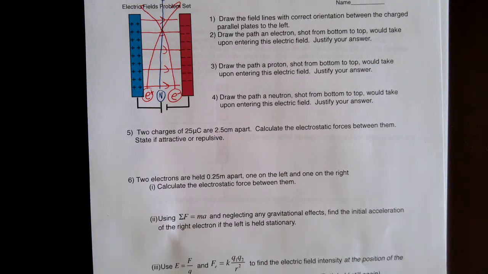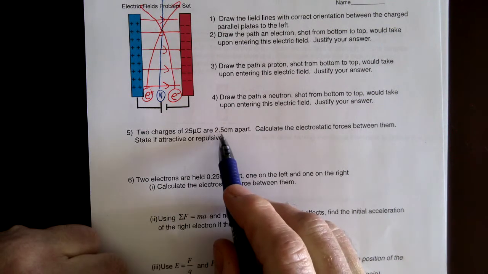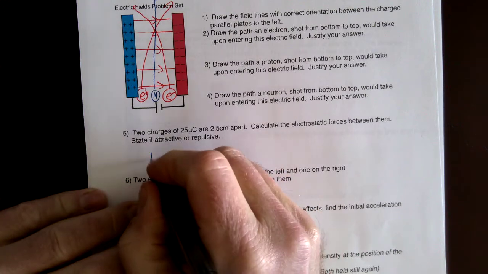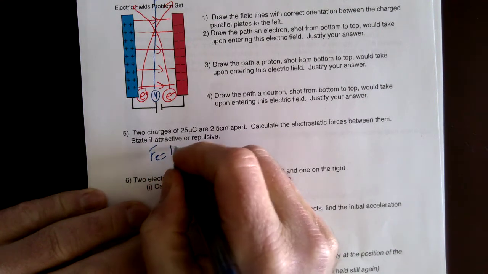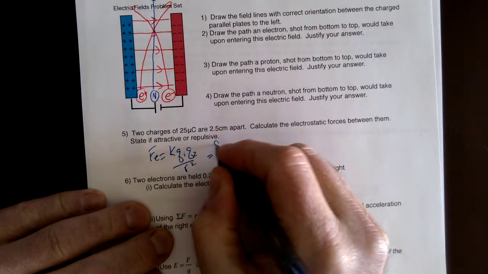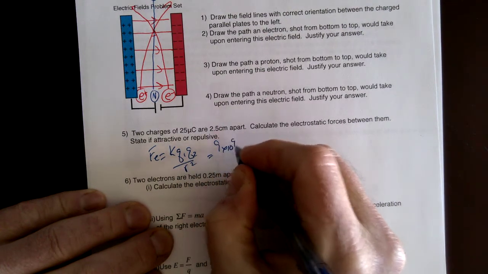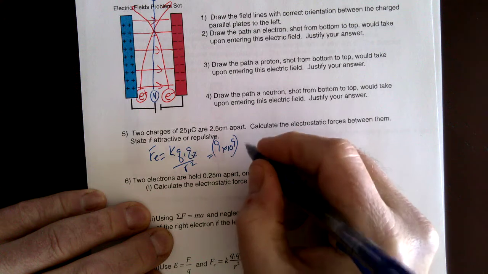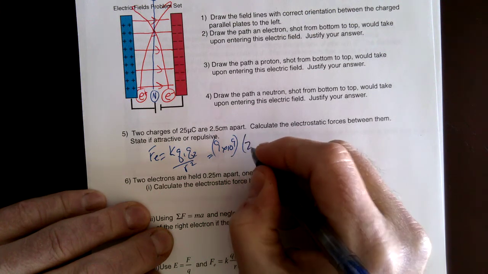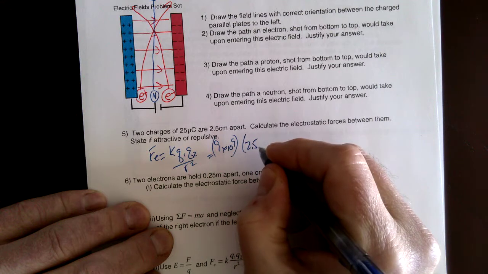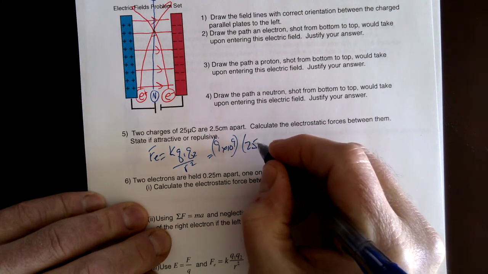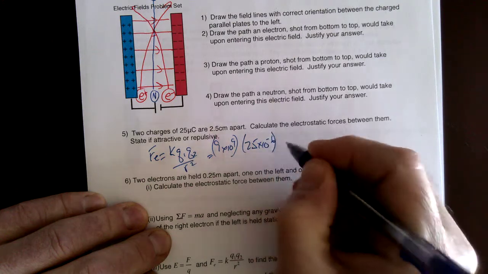Two charges of 25 microcoulombs are set far apart. Calculate the force. It's just a plug and chug thing. Fe equals K Q1 Q2 over R squared. So it's going to be 9 times 10 to the ninth times 25 microcoulombs. Micro is 10 to the minus sixth, so that's 25 times 10 to the minus sixth times itself.